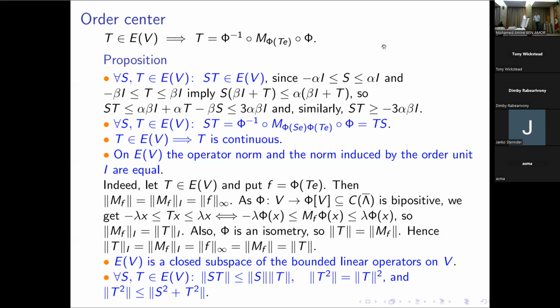Okay, so we can see this as minus lambda times the identity of the element phi of x, so we can see this as the multiplication operators between two multiples of the identity operator. And that means that, is that what I wanted to say? Yes. So that means that we have the multiplication operator between the two multiples of the identity if and only if we have the operator t between the same two multiples of the identity. So that means that the order unit norms induced by the identity should be equal, both for the multiplication operator and for t.